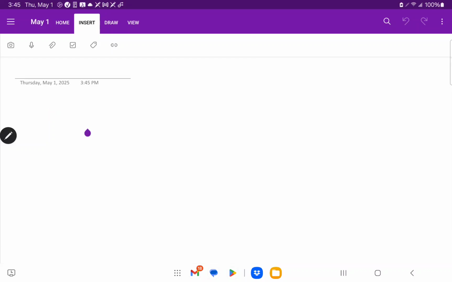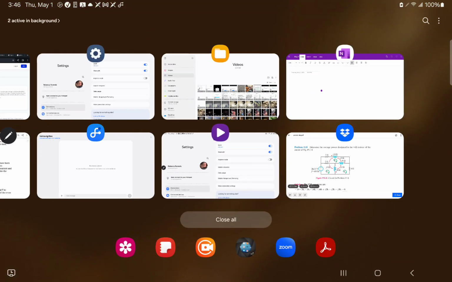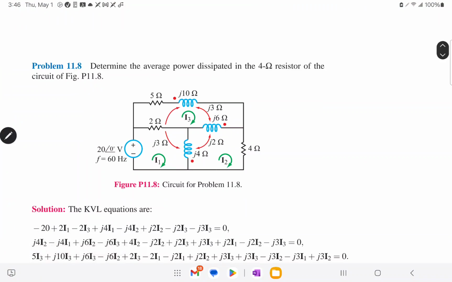How do I paste? All right, I won't paste. I'll just write on this maybe, if I can.